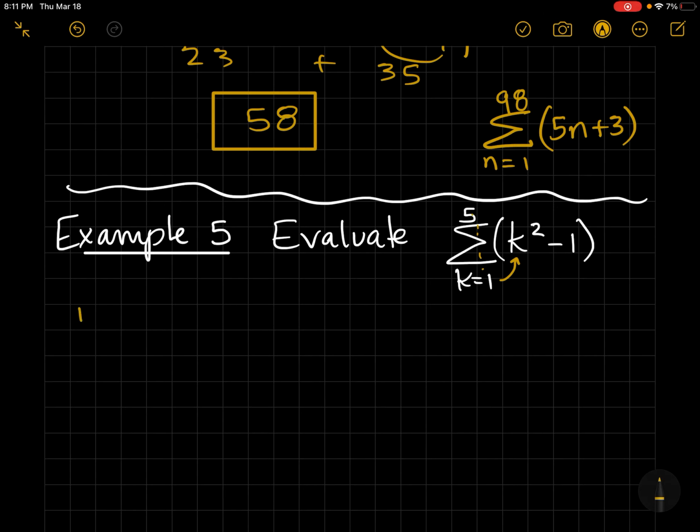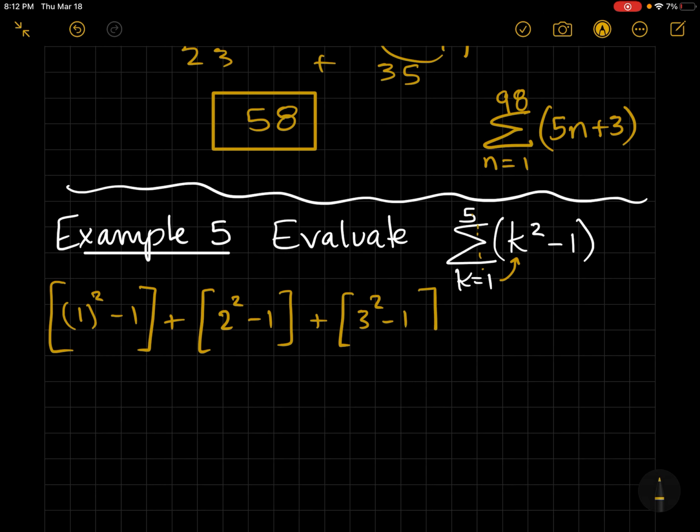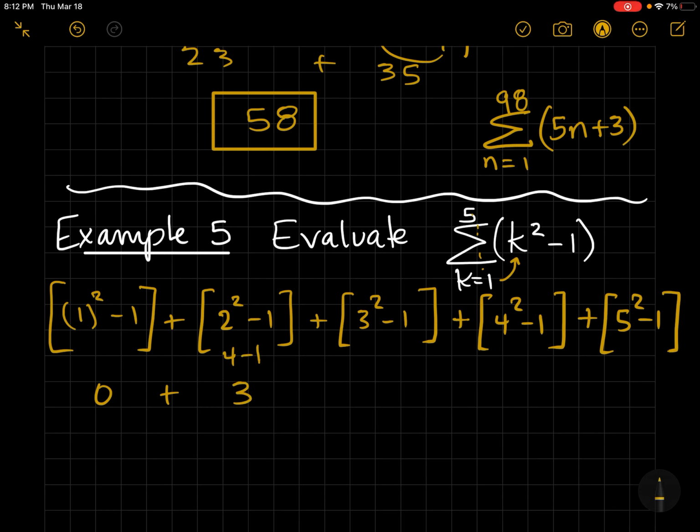So that'll be 1 squared minus 1 plus 2 squared minus 1 plus 3 squared minus 1, 4 squared minus 1, and 5 squared minus 1. And so it's a little time consuming. They do have a few nice calculators that will do this for you.